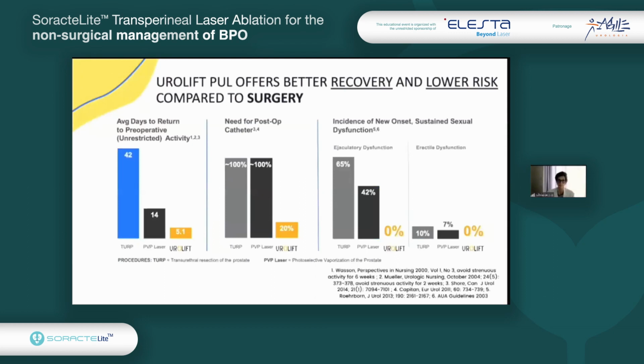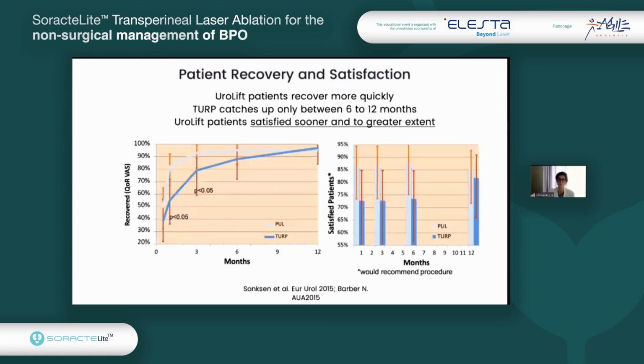In these studies, it was compared with TURP and laser treatment. The patient after Urolift can return to his habitual activities after 5 days, and only in 20% of patients is a catheter placed. And also here, no ejaculatory and no erectile dysfunction problems.